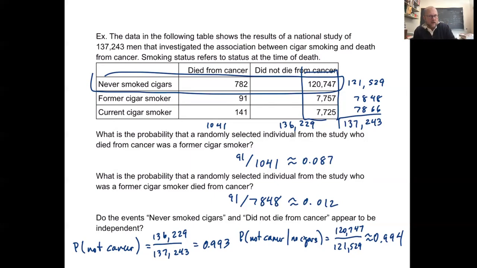So those two numbers do not agree. And so that means that these events are not independent. Now, are they close enough? We will talk about that later with a goodness of fit test using something called the chi-square distribution.